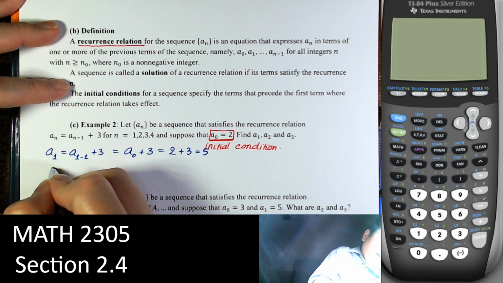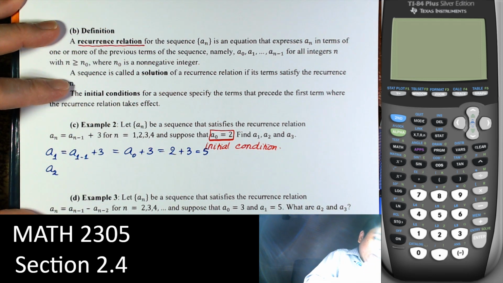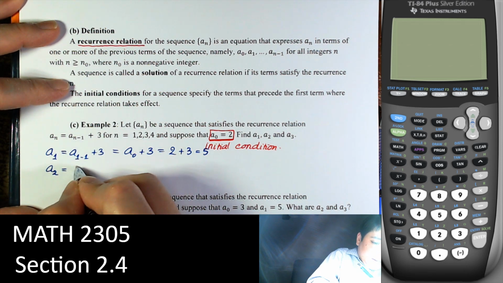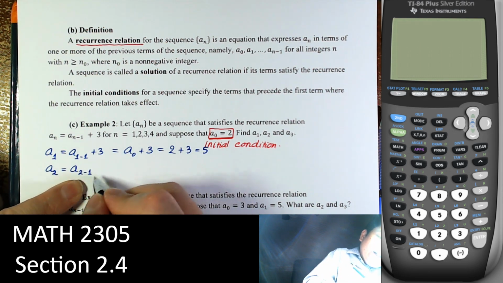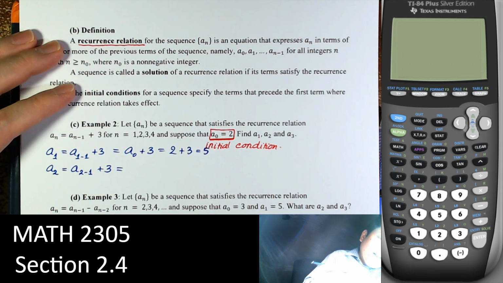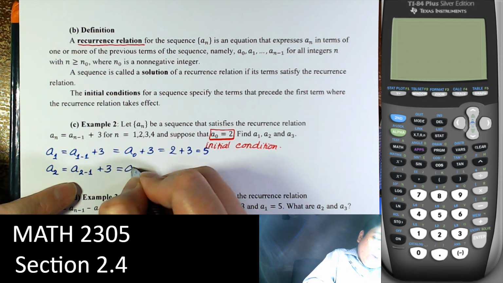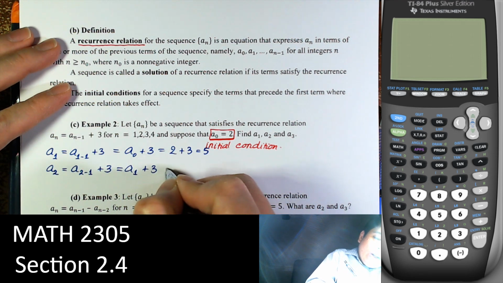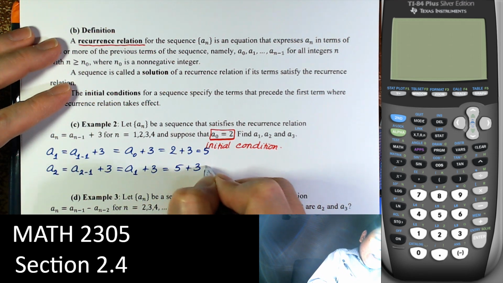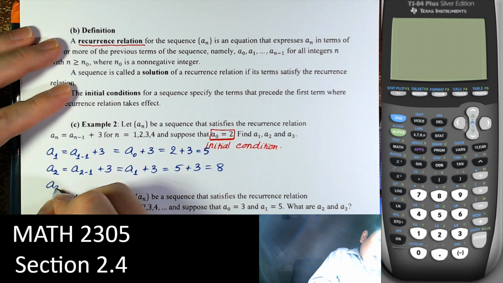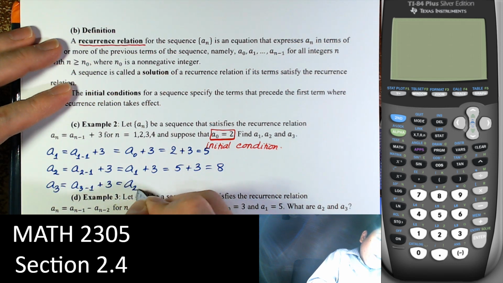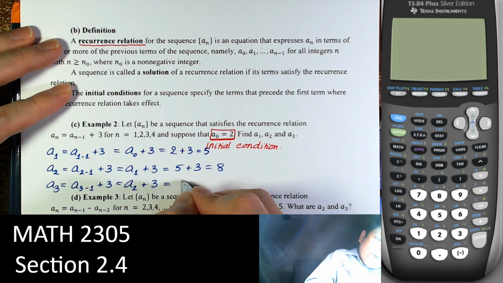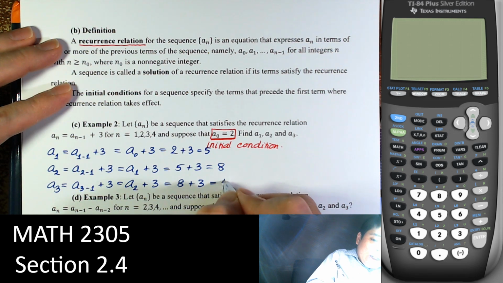Now, for 2, I'm going to put 2 in for n, and we have A1 plus 3. A1 we just found, which is 5, so that gives us 8. For A3, I'm going to put 3 minus 1 plus 3. 3 minus 1 is 2, so A2 plus 3 is 11.